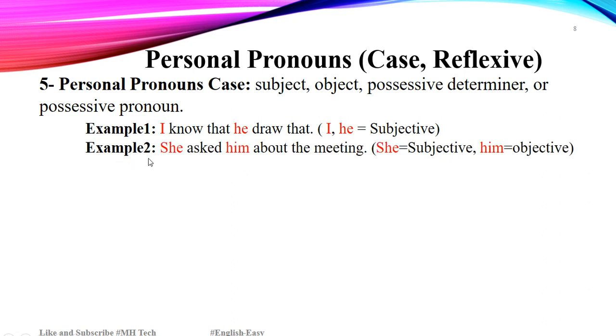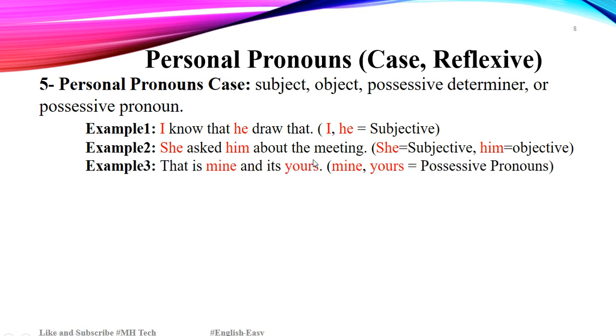Example 2: She asked him about the meeting. She is the subjective case here and him is the objective case in this sentence. Example 3: That is mine and it is yours. So we have mine and yours. What are they according to pronouns? Mine and yours are possessive pronouns.